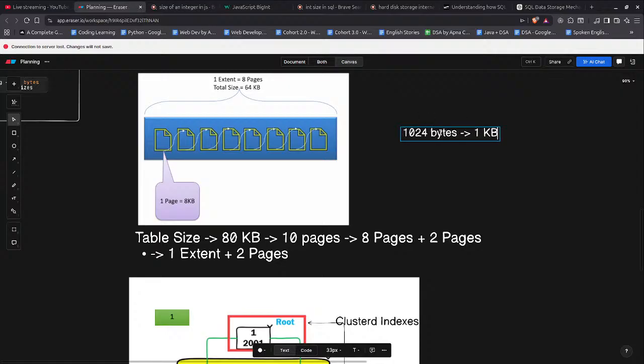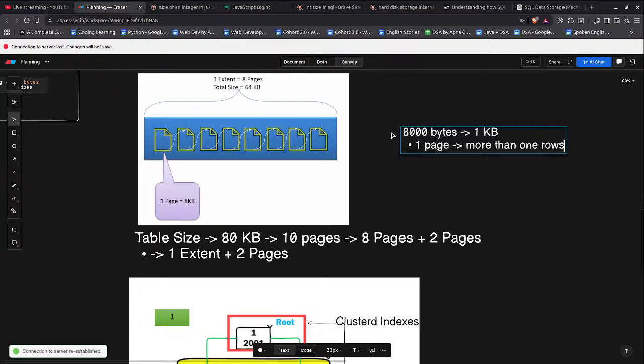Now one page has a size of 8 KB. That simply means it can store around 8,000 bytes. That simply means one page can store more than one row.